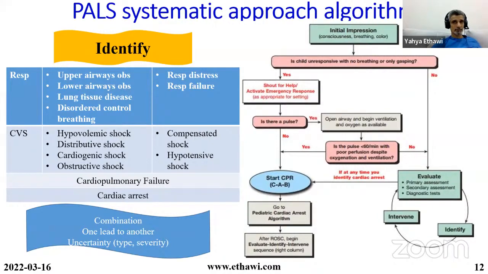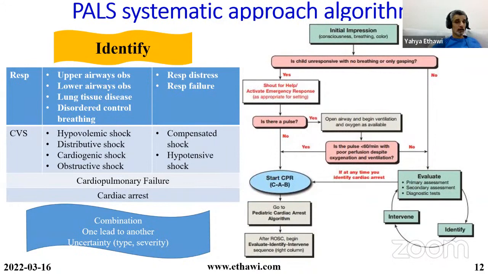Any question? Sorry, what do you mean by distributive shock? Distributive shock usually happens in many scenarios. One of them is sepsis. Second one is prematurity. Third one, when you have toxin.